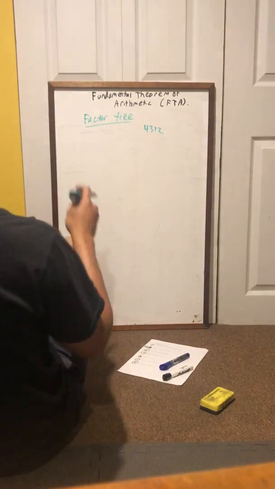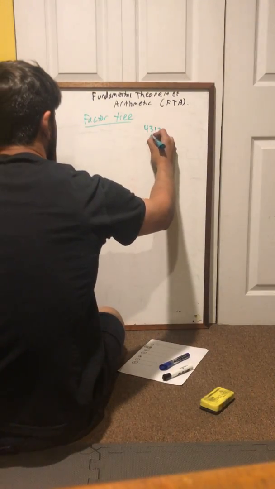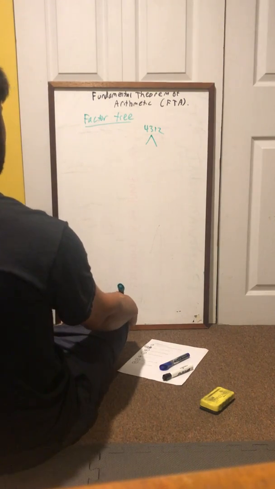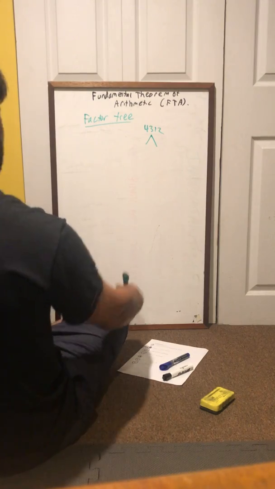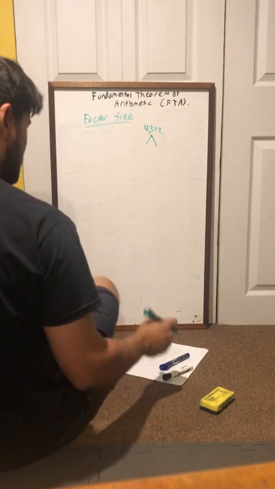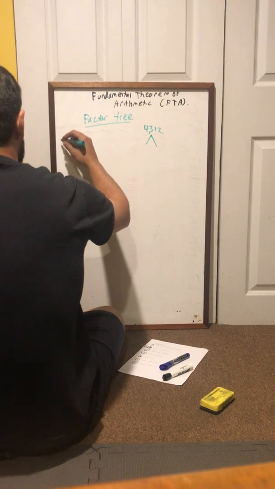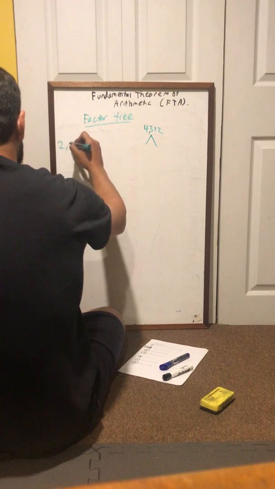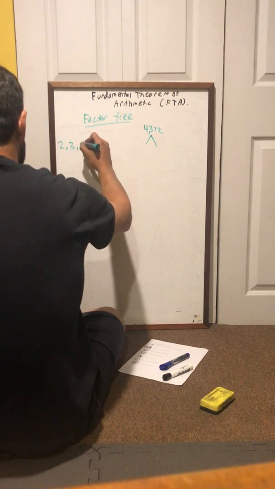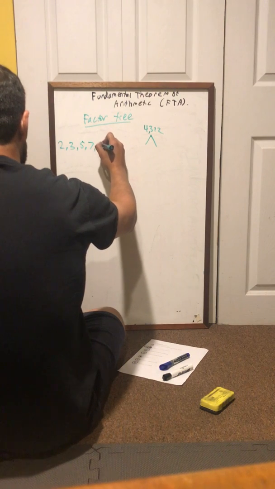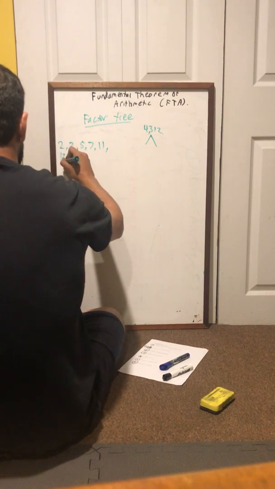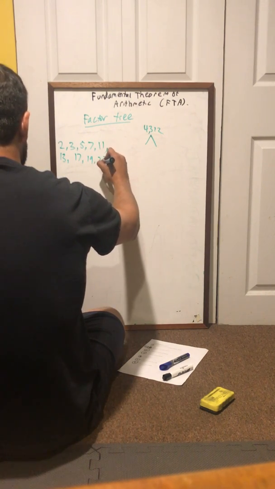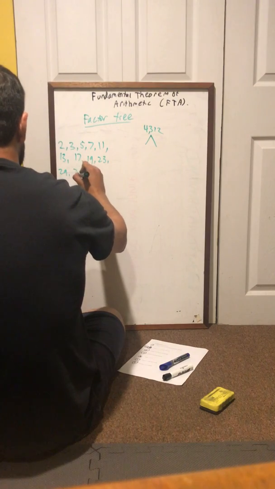Okay, so again, we'll do the factor tree. We want to find all the prime factors of 4,312. We'll write out all the prime numbers: 3, 5, 7, 11, 13, 17, 19, 23, 29, 31.